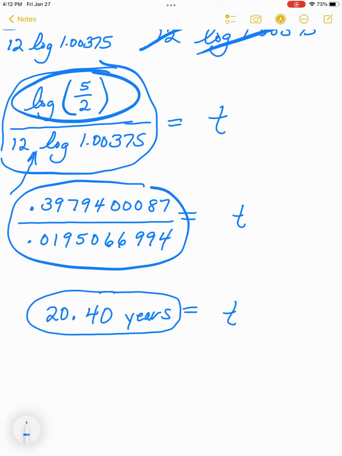For example, if we took the same problem and found out the time it would take if you compounded daily, it would take just a tiny bit less time to get our account balance up to $25,000 compared to compounding monthly. So the more times you compound, the less time it takes to reach a certain goal.